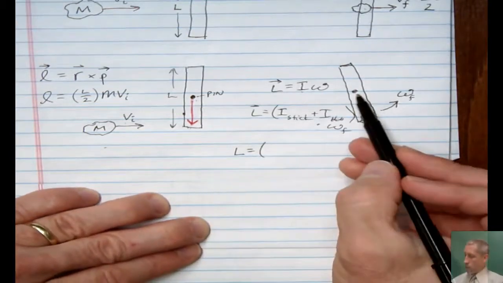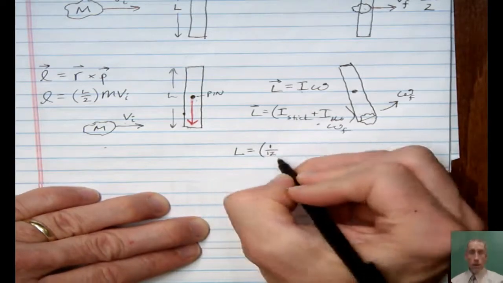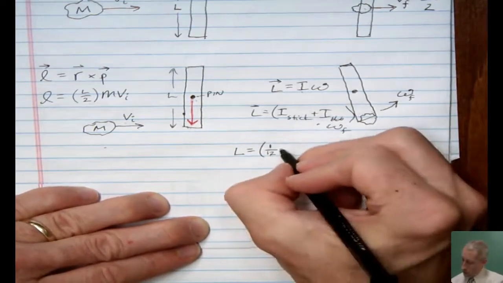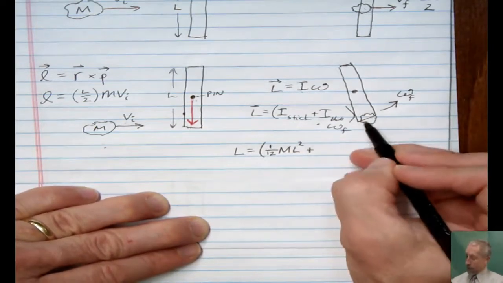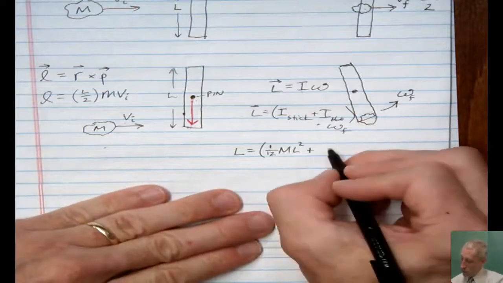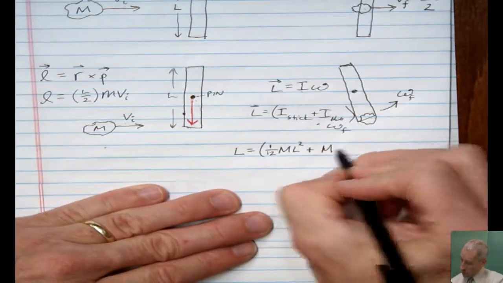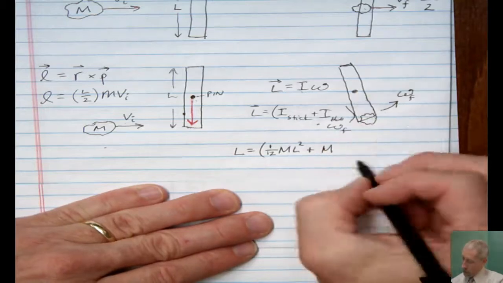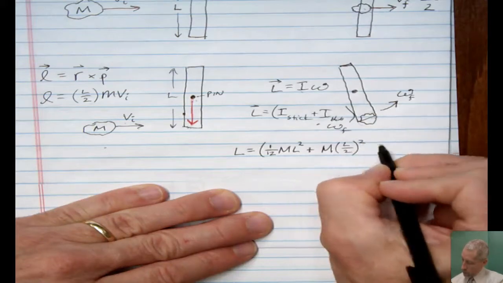For the stick spinning about its middle, you can look this up on a chart. My textbook has a nice little table of these things. It's 1/2 mL squared. And then for the blob, because all that mass is concentrated at one location, it would just be m times the distance it is from the pin, which is L/2, squared.